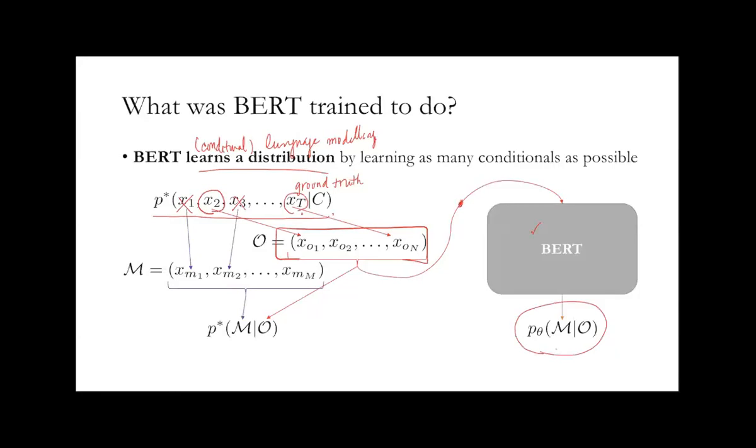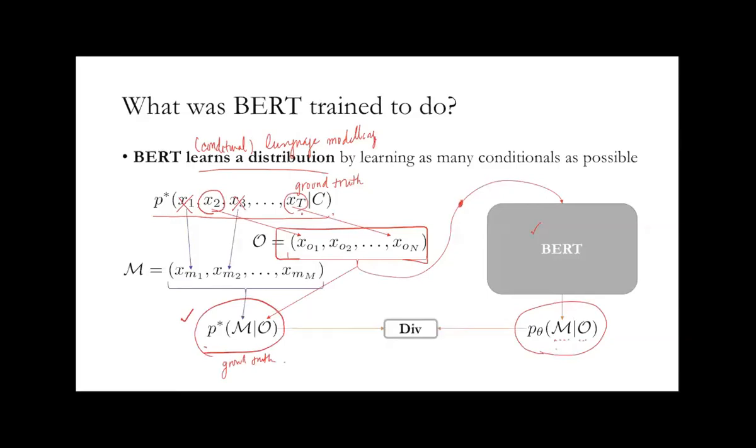So what it computes is the conditional distribution over those missing or masked out words given the observed, unmasked words. Of course, we know exactly what the ground truth conditional distribution should be, because we corrupt the sentences ourselves.